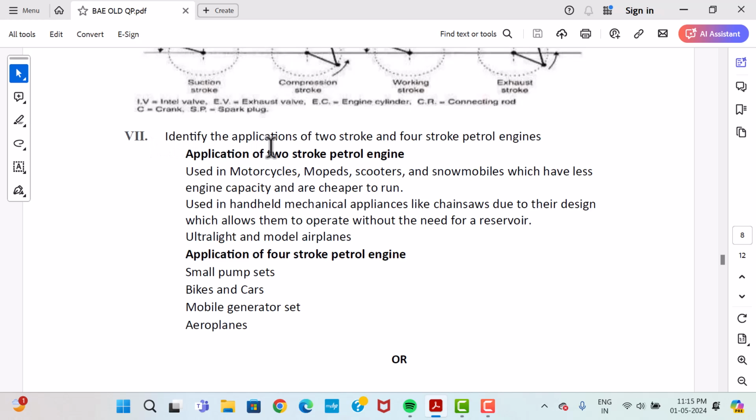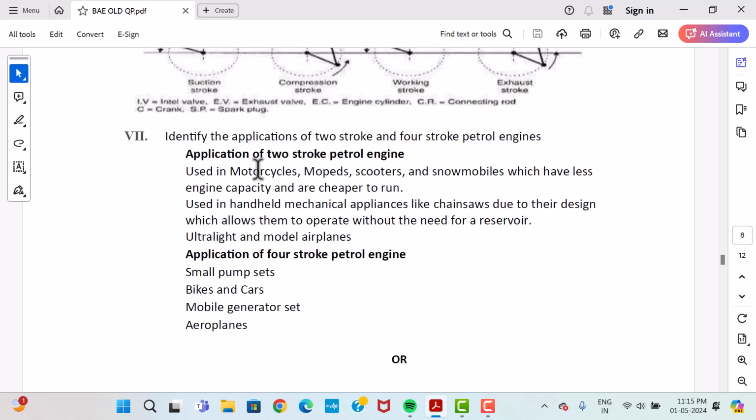Seventh question: identify the applications of two-stroke and four-stroke petrol engines.